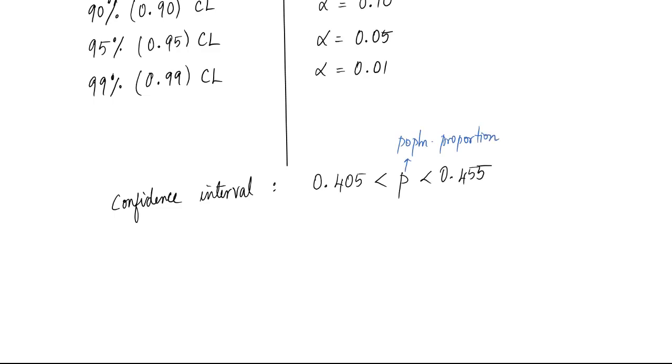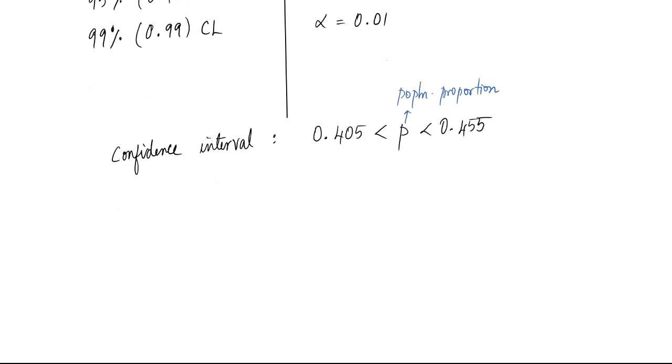If you were to read this mathematically, you'd say the population proportion is between 0.405 and 0.455. How do we interpret this? Interpretation.